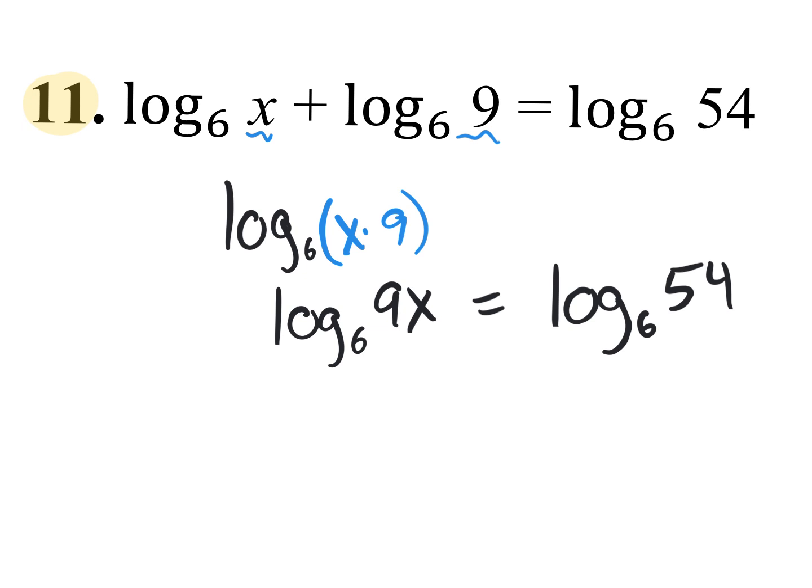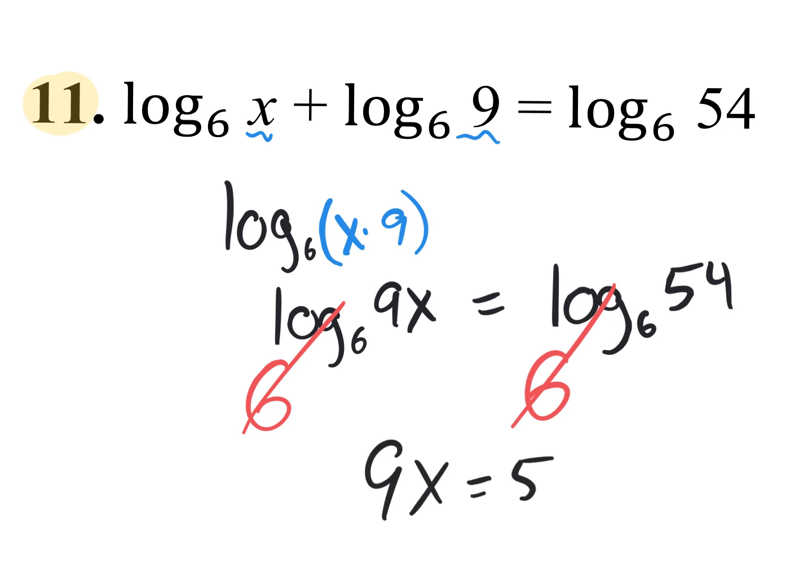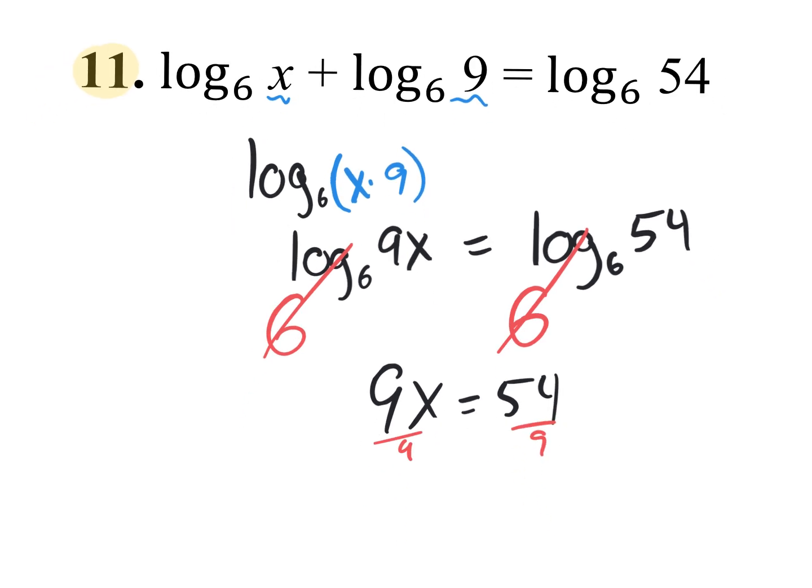And now that you have a single log base 6 on the left side and a single log base 6 on the right side, you could raise them to become powers of that base 6. That way they eliminate. And what comes down is the 9x equaling 54. Then you simply divide by 9, and you get your answer, x equals 6.